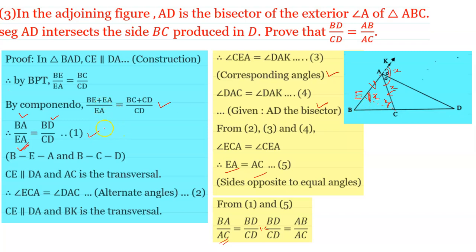This is important. After that we apply the componendo rule. Then we prove that triangle AEC is isosceles, and we replace the side EA by AC, and hence we get the proof. If you practice 2-4 times, you will certainly be able to do it.